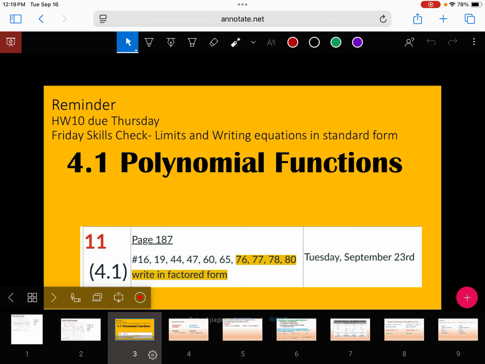This is homework 11. Homework 11 is going back to our book. These are the questions. It's due next Tuesday, so a week from today. I'll give you a moment to get that title, and then we're going to work through a couple questions, and then we're finished.